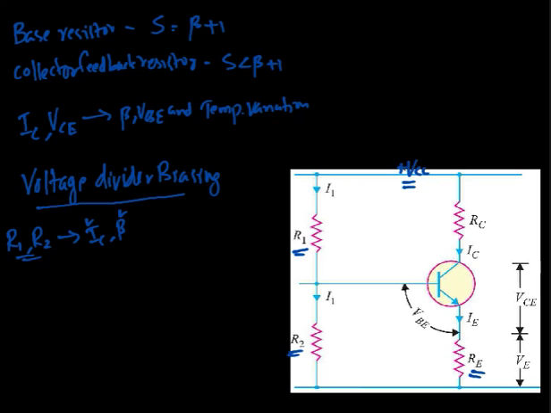First of all, we will discuss how the stabilization has been achieved using this circuit. That means we have to show that IC and the collector emitter voltage VCE are independent of beta, VBE, and temperature.